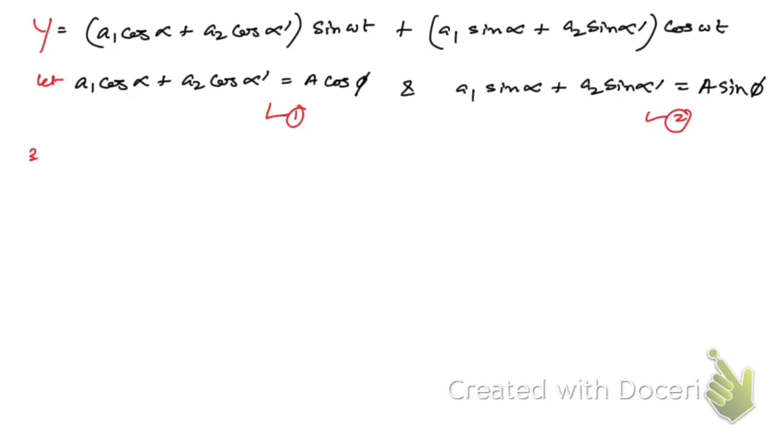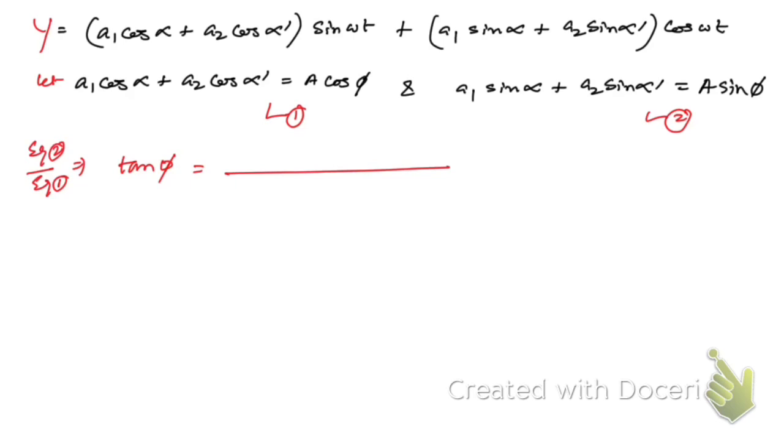Dividing equation number 2 by equation number 1, sin φ divided by cos φ gives tan φ, and A gets cancelled.